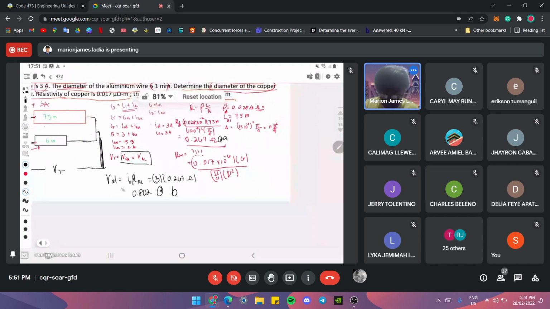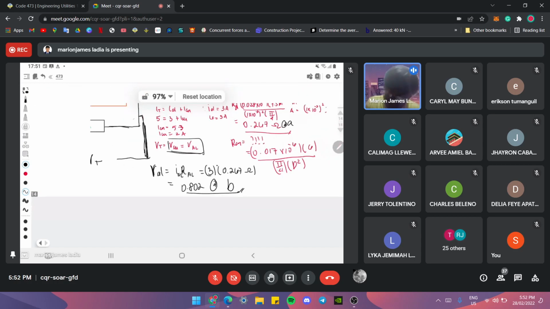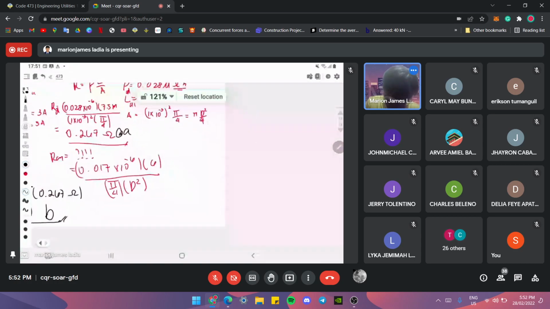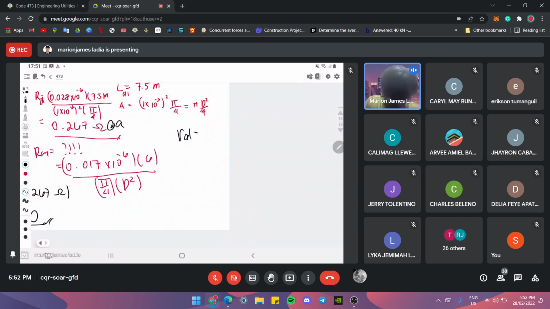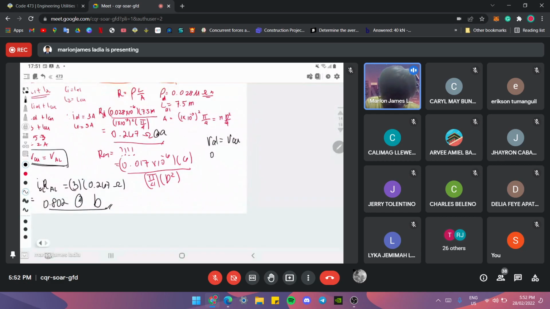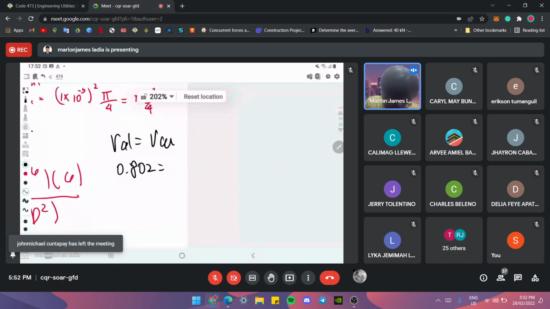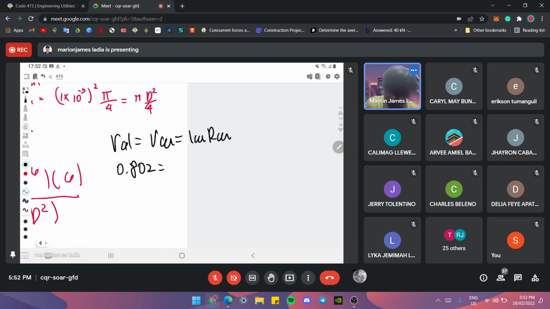So, ngayon, ano ba yung next na gagawin natin? So, take note that V aluminum is equal to V copper. Eh, meron na tayong V aluminum. So, ang next na gagawin ko is that V aluminum is equal to my V copper. Ano yung V aluminum ko? This is equal to 0.802 which is equal to my V copper. Ano yung V copper ko? Siyempre, yung V copper ko is equal to I copper multiplied by R copper.